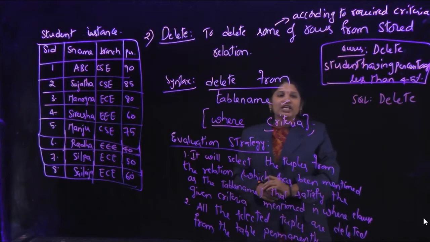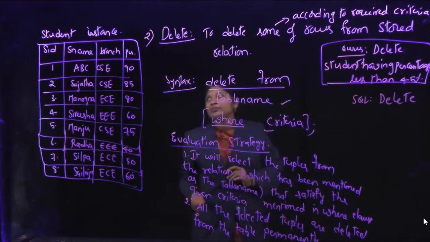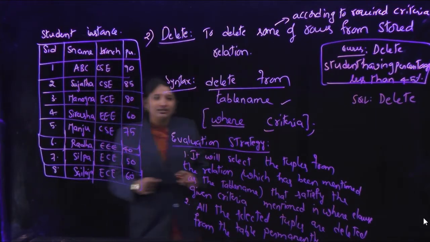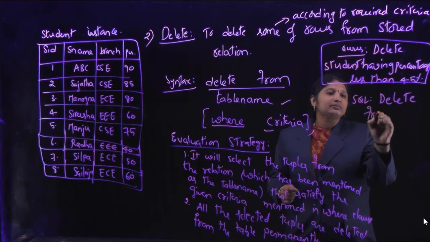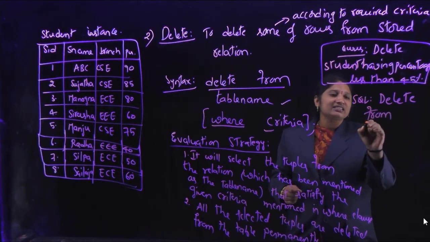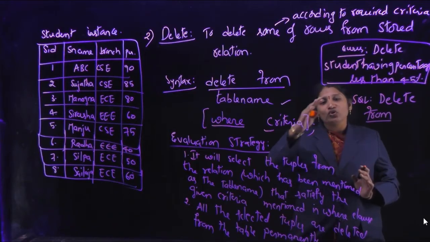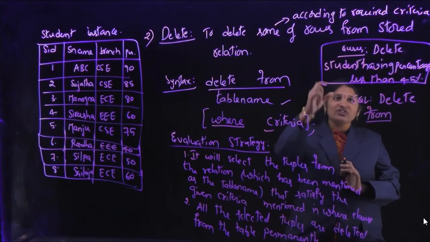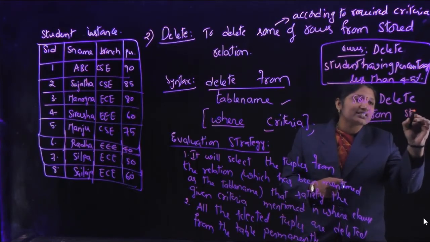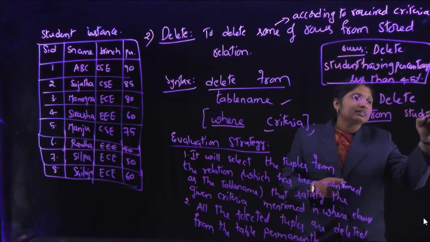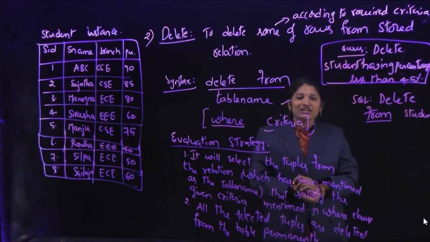From which table do you want to delete the tuples? The student table. What is the corresponding relation name? The relation name is student. So I can give delete from. The from clause is used to mention the relation from which you want to delete the tuples, so in the from clause you must write student. Is there any qualifying condition, or do you want to delete the tuples entirely?